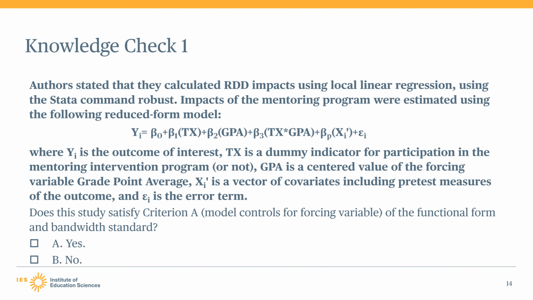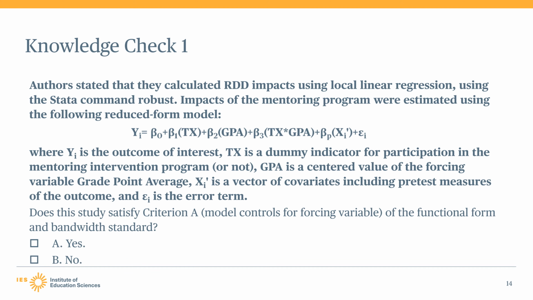Impacts of the mentoring program were estimated using the following reduced form model: yi equals beta naught plus beta 1 times Tx plus beta 2 times GPA plus beta 3 times the interaction between the treatment and GPA plus beta p times Xi naught plus epsilon i, where yi is the outcome of interest, Tx is a dummy indicator for participating in the mentoring intervention program or not, GPA is the centered value for the forcing variable grade point average, Xi naught is the vector of covariates, including pretest measures of the outcome, and epsilon i is the error term.